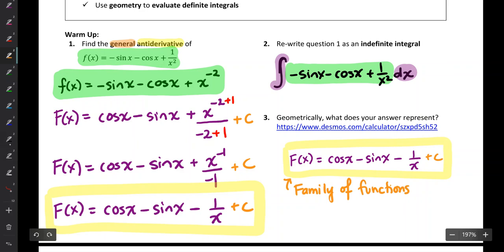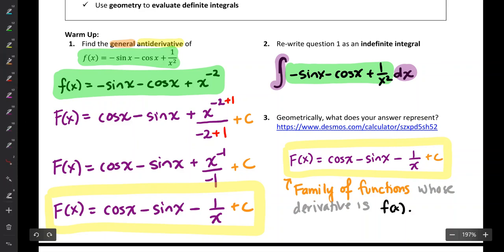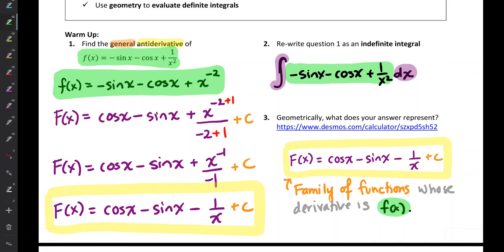What's so special about them? Their derivative is that f of x. And I'm just going to write f of x right here instead of writing out the whole minus sine x. Okay, let's look at that link real quick, and then I'll conclude this video.